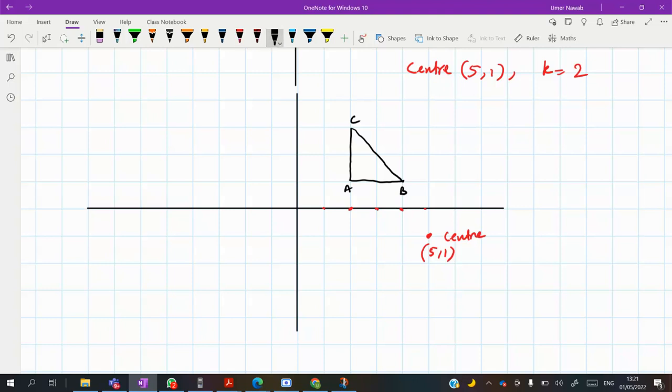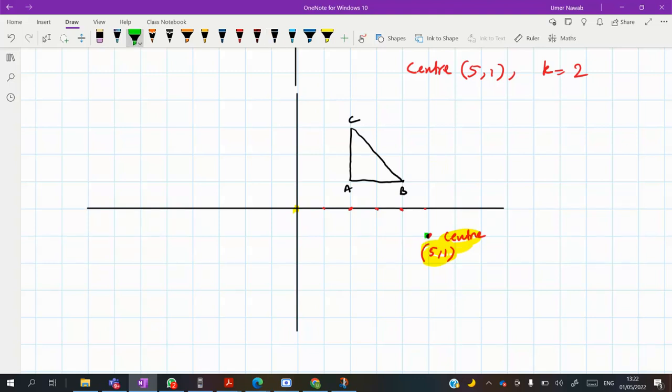Now you need to write not the coordinates that this is 2, 1, this is 4, 1, this is 2, 4. No, because these coordinates which you have written here are according to the origin, but now your center is 5, 1. So let me rewrite the coordinates of ABC according to the center. So let's start.